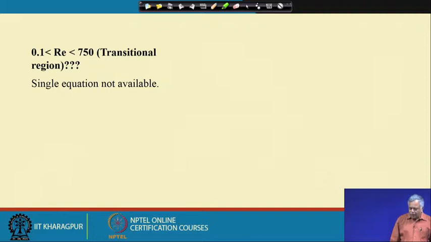If you look at the literature, although I have written here that a single equation is not available, this is not a correct statement. What I mean is that there is no reliable single equation available. Reliable means there are so many equations available in the literature, but all these equations have their own limitations.